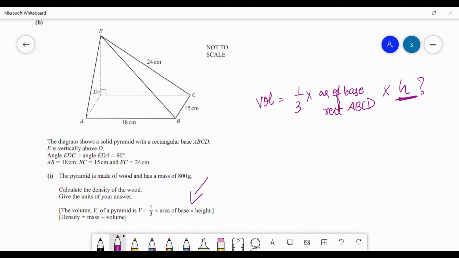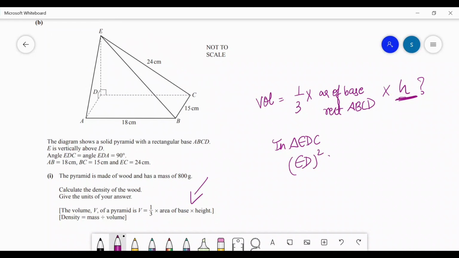To find the height, let me consider triangle EDC. In triangle EDC, by the way, this is a right angle triangle, right angled at D. So we can use the Pythagoras theorem.